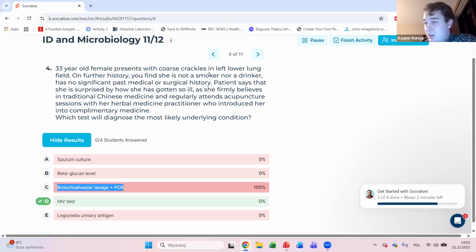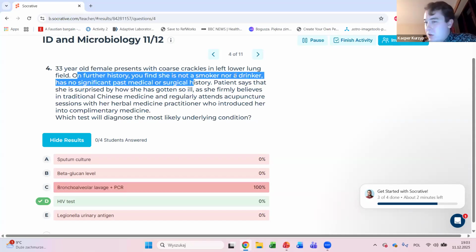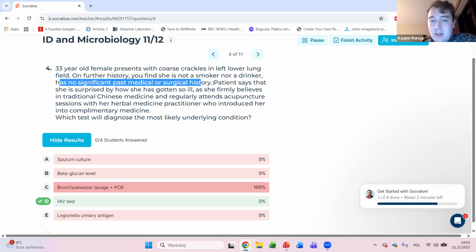But I did give you a nugget that I hope can make you think. She's not a smoker, she's not a drinker, no significant past medical or surgical history. Now, the question that an ID doctor will ask is, why the hell does she have community-acquired pneumonia? Just why?